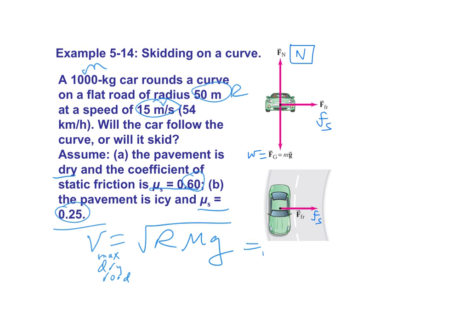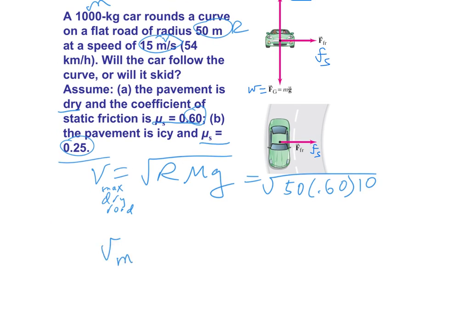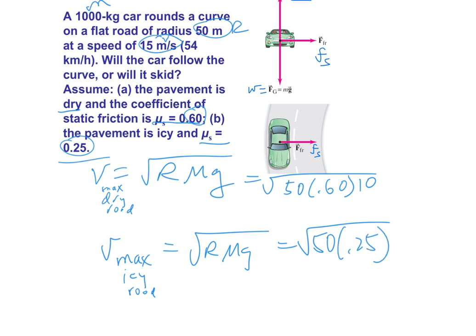That equals the square root of 50 times the coefficient 0.6 times 9.8 or 10. Then we'll do the same thing for the maximum speed you can take the curve without slipping on an icy road. So it's 50 times 0.25, the smaller coefficient of friction, times 10.